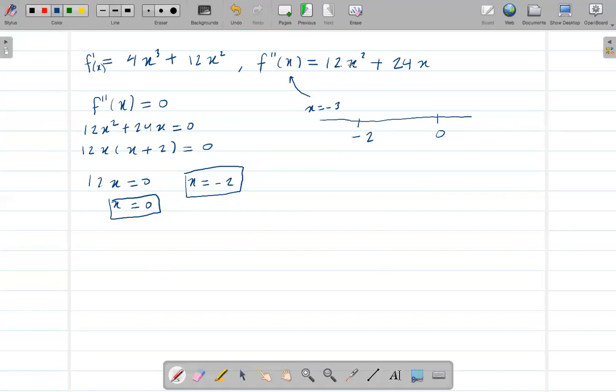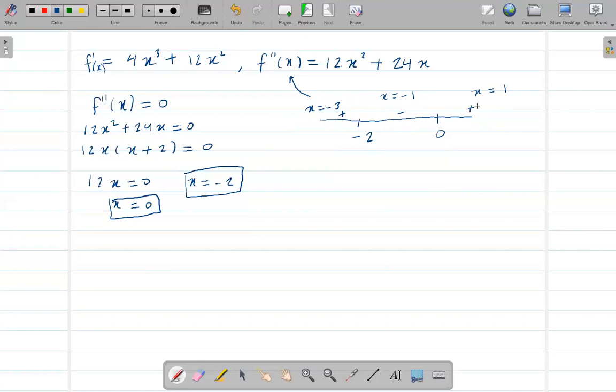Here x is -3, and see if you get a positive or negative number. I'll just give you what you get here. You'll get a positive number here, and for this one, if I pick, let's say, x equals -1, you'll get a negative number, and here if I pick x equals 1, you'll get a positive number, right?